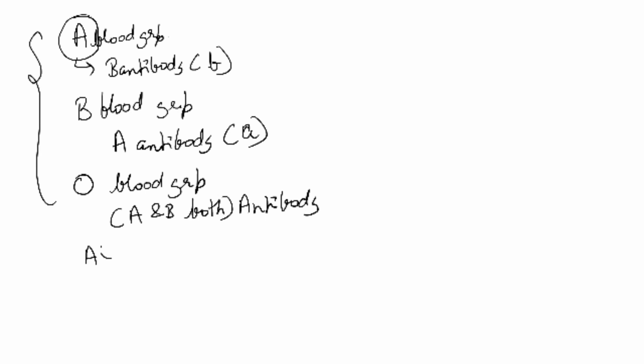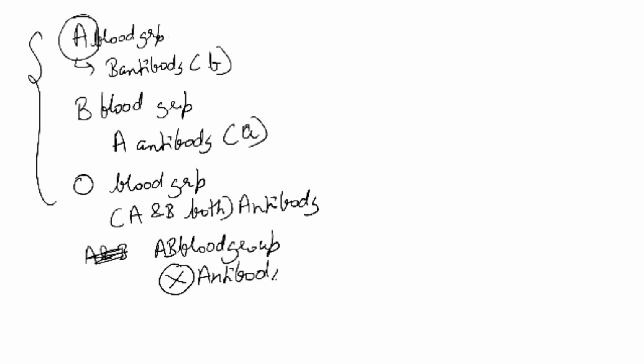If there is an AB blood group, then what is going to happen, there will be no antibody, because they are not going to keep antibodies against themselves, obviously. So in the case of O, it will have both the antibodies, and in the case of AB blood group, they will have no antibodies.